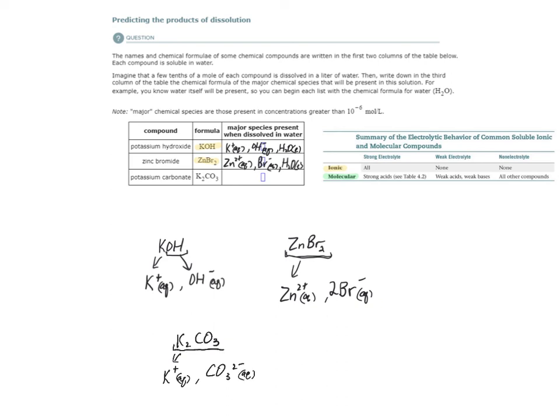One formula unit of this breaks down into 2 potassium ions and 1 carbonate ion. But they're not asking for how many, they just want to know which species are present. So potassium metal ions are present, carbonate ions are present, and again, water as the solvent. So in this case, we had all ionic compounds, no molecular compounds.